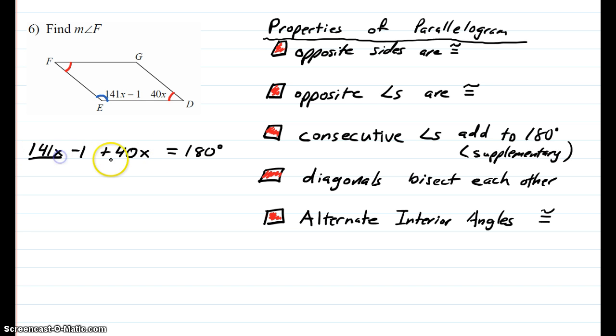Since these are on the same side, we can go ahead and combine them. So 141 plus 40 is 181x minus 1 equals 180. Now we need to move the minus 1 to the other side, so we add 1 to both sides.